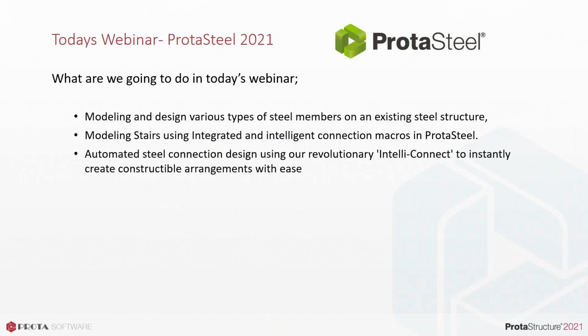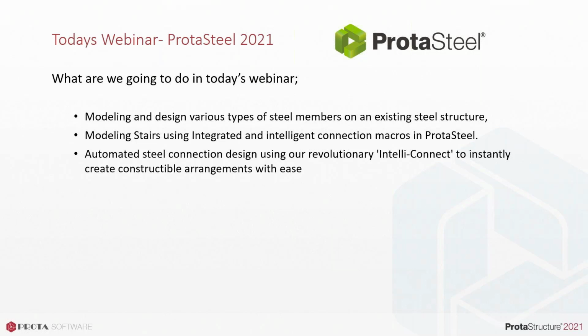In today's webinar, I'll start with modification of an existing structure. I'll be designing various types of steel members. Then when the design is ready, I'll hand over to Mr. Volkan for further design of stairs.